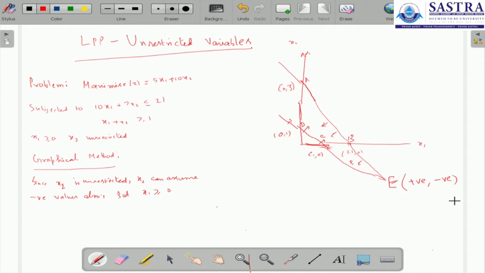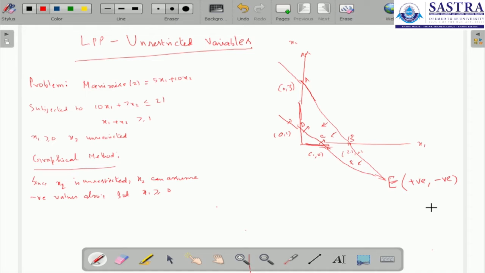And again, the earlier predicted feasible region A, D, C, B, in the case of both variables non-negative, extends to the negative quadrant also, that is the fourth quadrant, to give A, D, E as the feasible region.